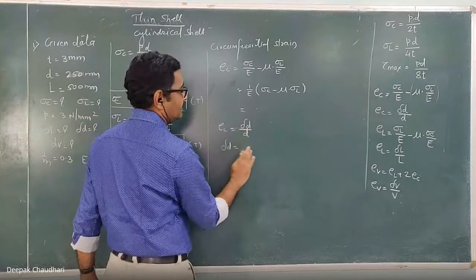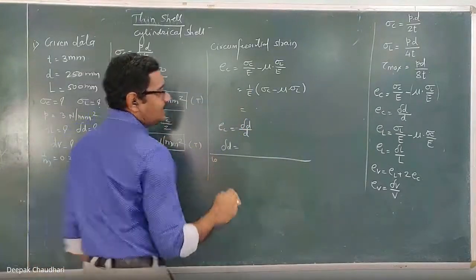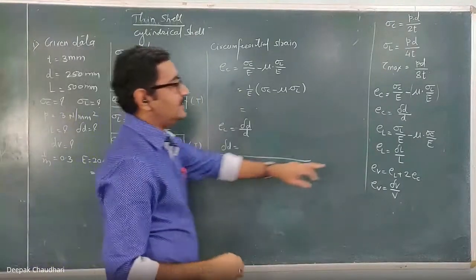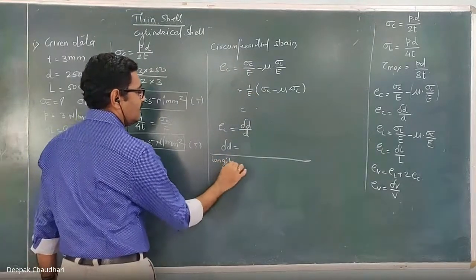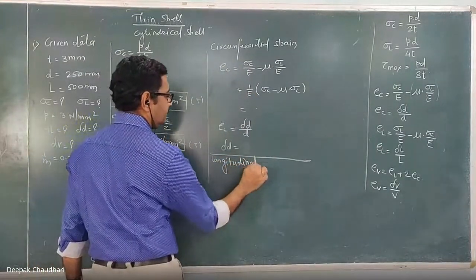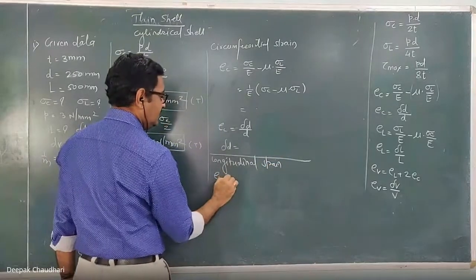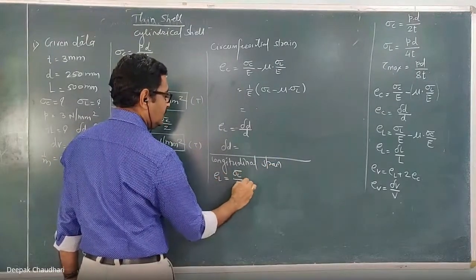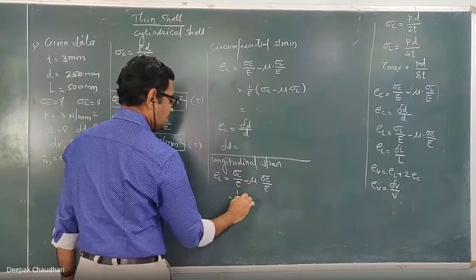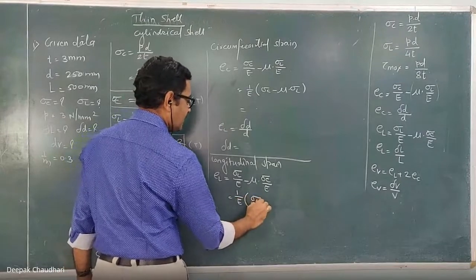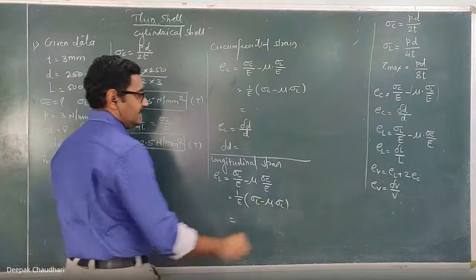Very simple. Okay, exactly in a similar way, to calculate the change in length, let's first calculate the longitudinal strain. The longitudinal strain is given by EL equal to sigma L upon E minus mu into sigma C upon E. If I take 1 upon E common, then it is sigma L minus mu into sigma C. Substitute the value, you will get this EL.